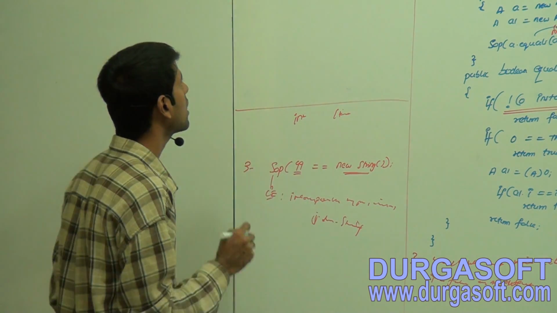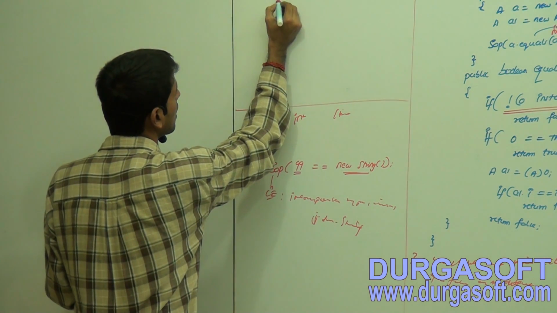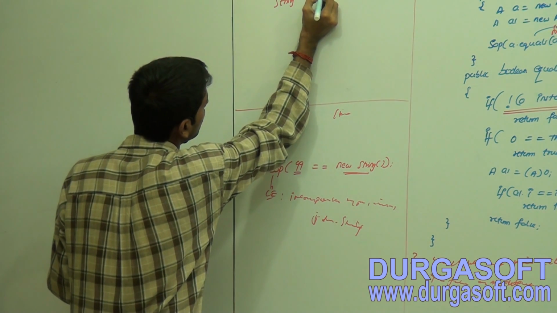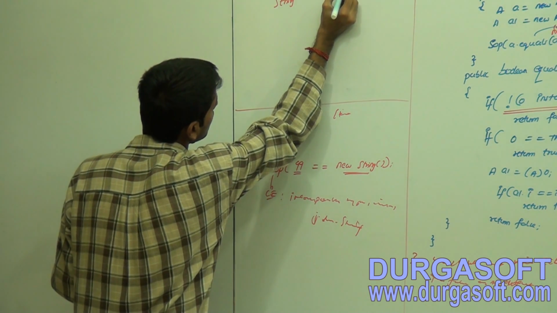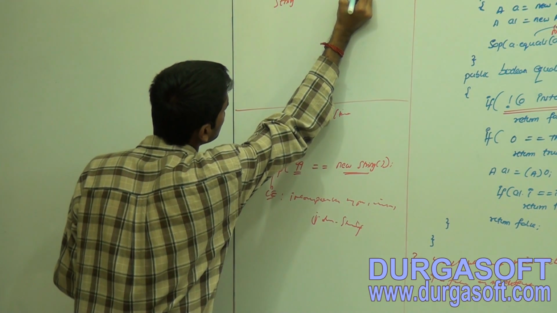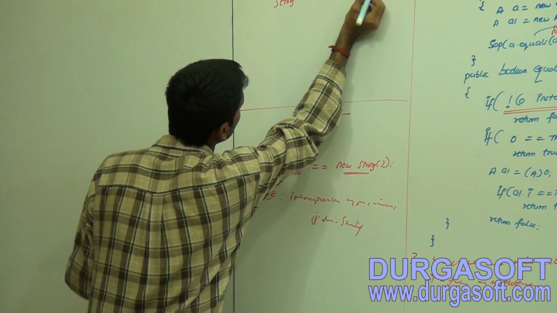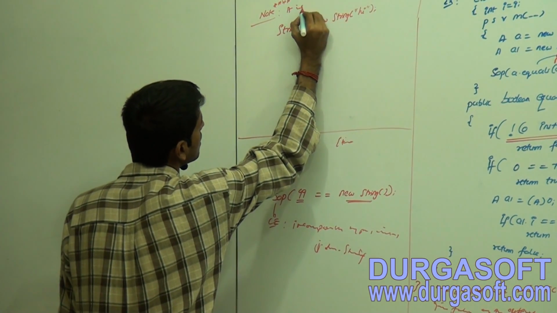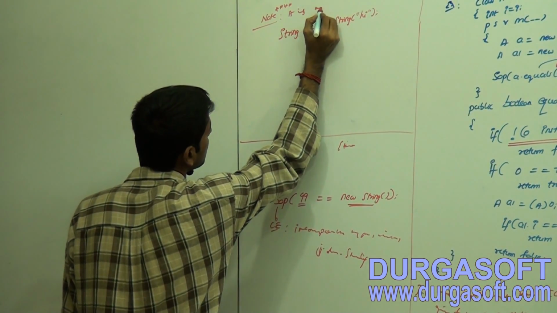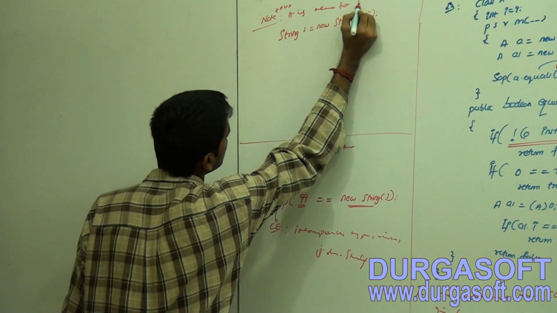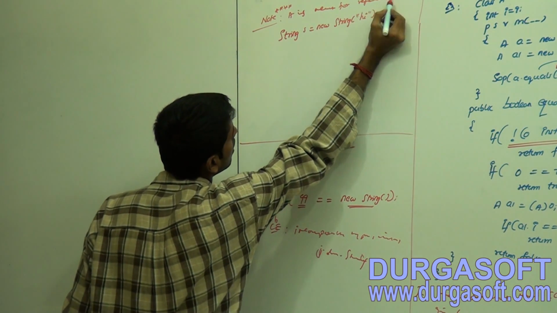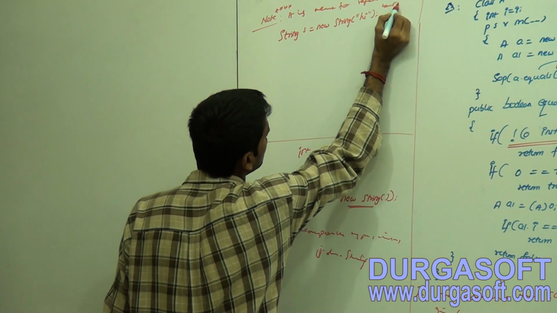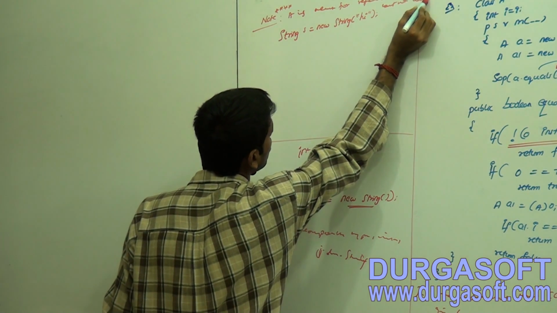Now observe here. Take a String s equals to new String, let it be "hi". This operator is meant for reference value comparison, but not hash codes.